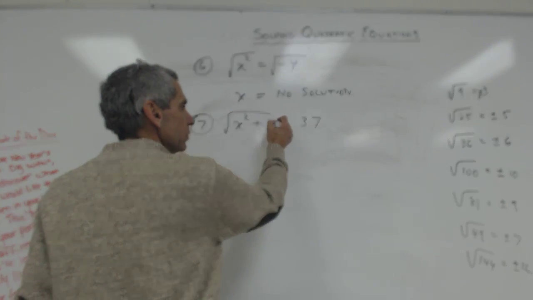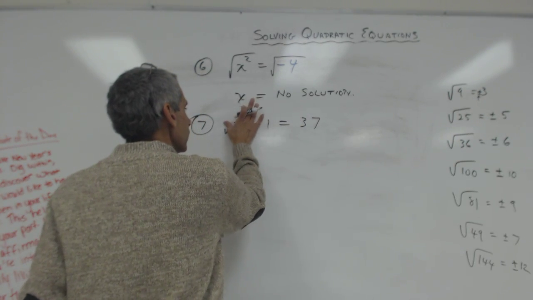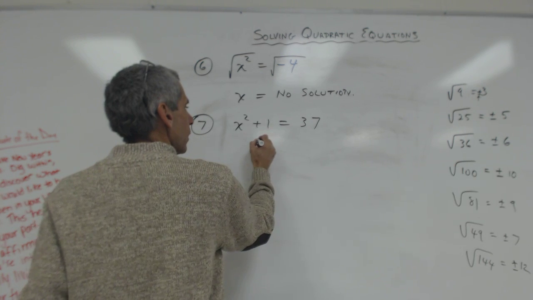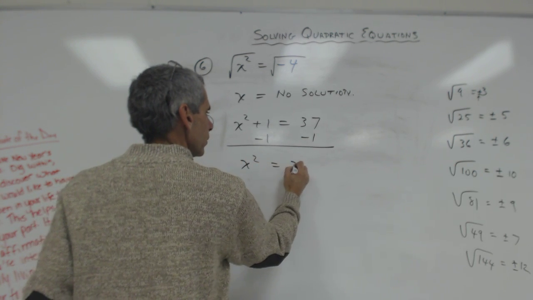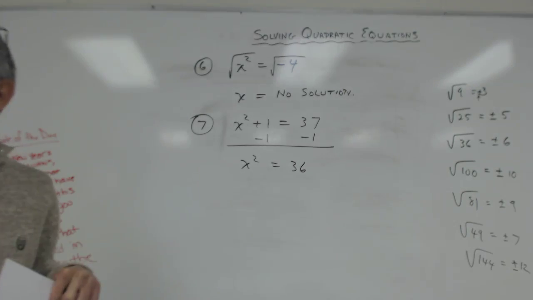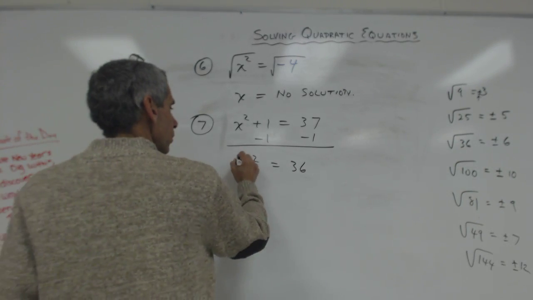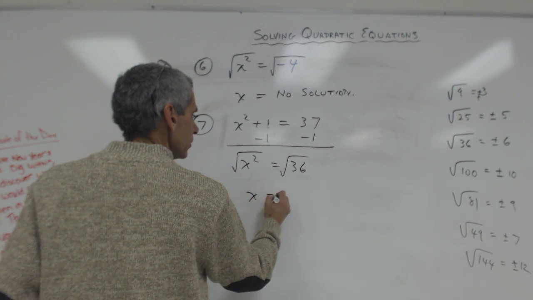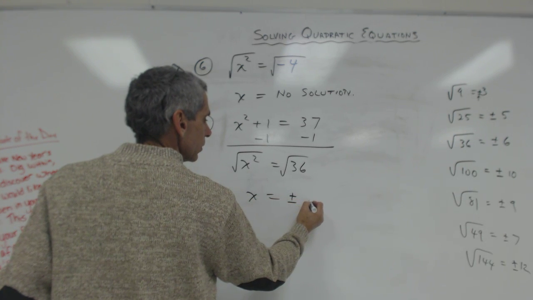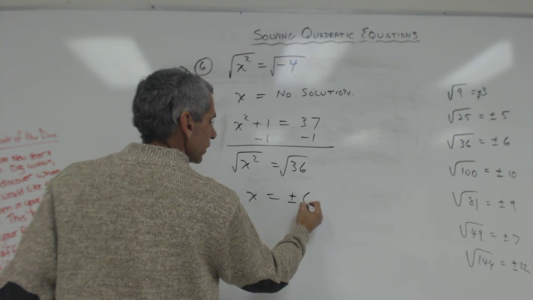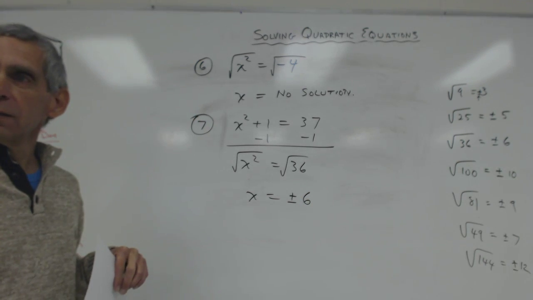I would subtract 1, and that gives me x squared is equal to 36. Now what would I do? Square root both sides, so I got x is equal to plus or minus 6.